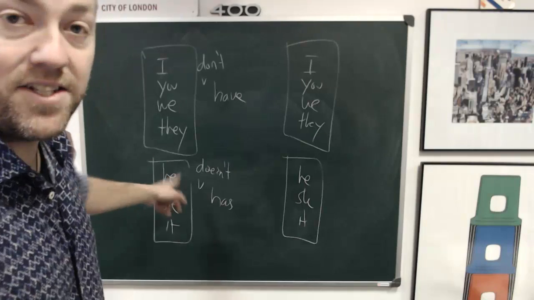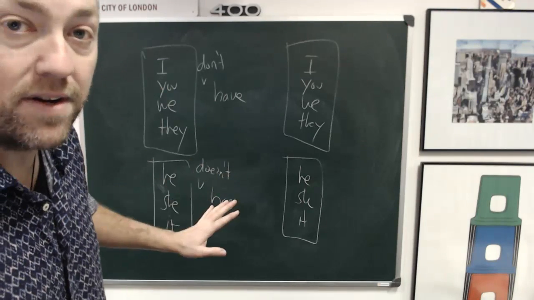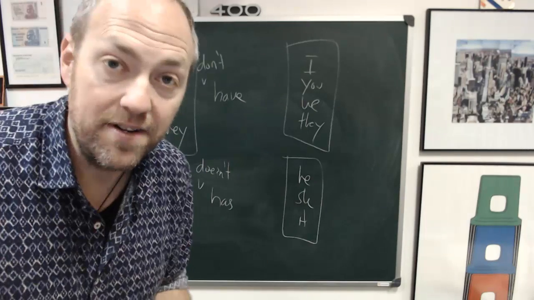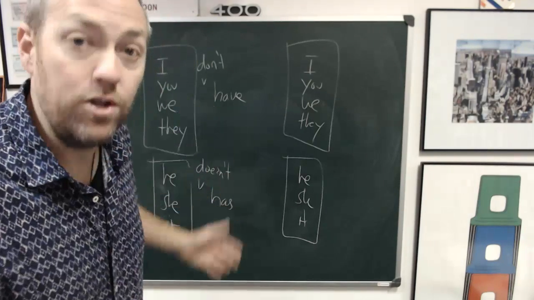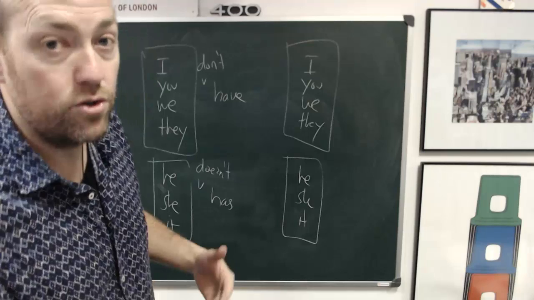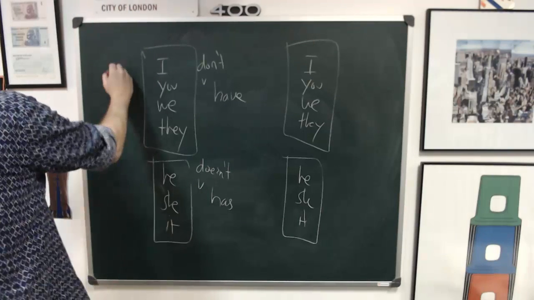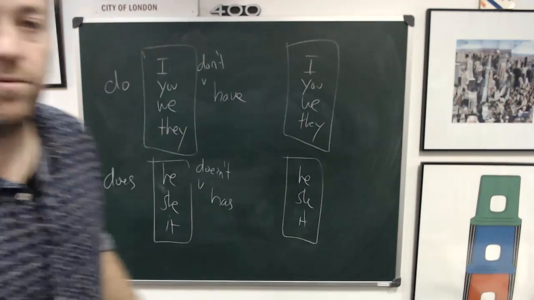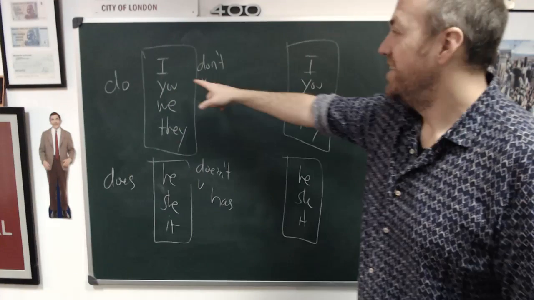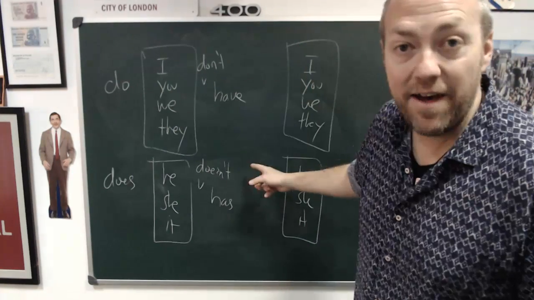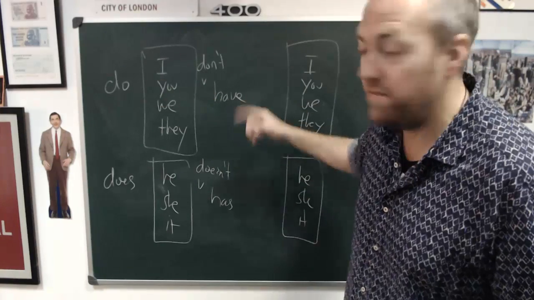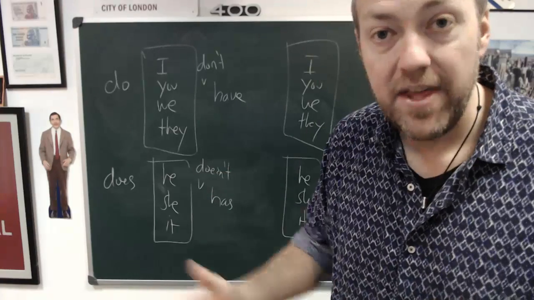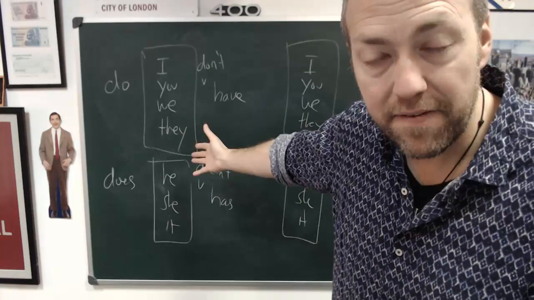So, he doesn't have, she doesn't have, etc. And if we want to ask a question, then again we use an auxiliary, do or does. So, do I have, do you have, does he have, does she have, etc. Okay? This is the verb have.